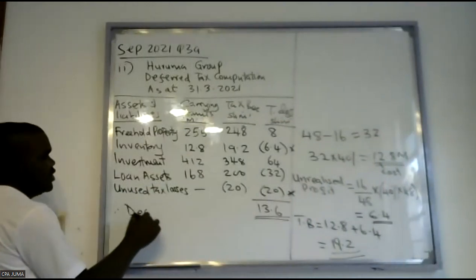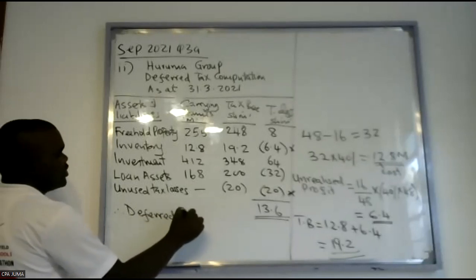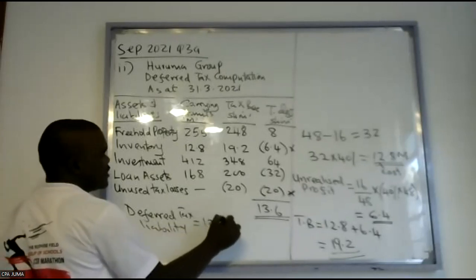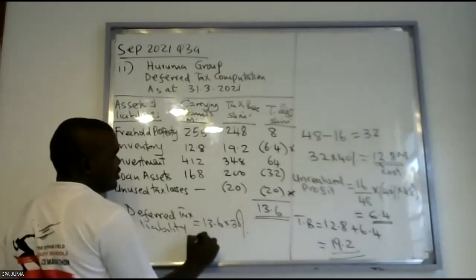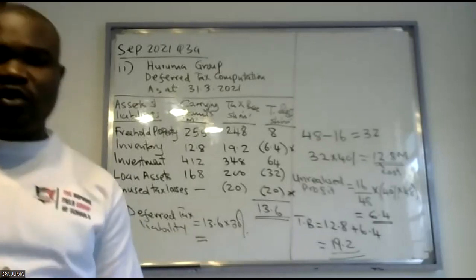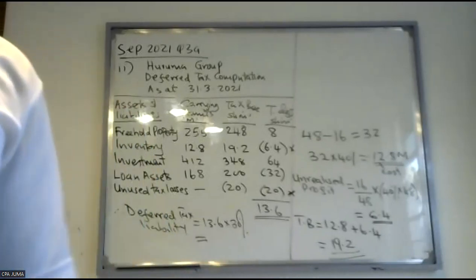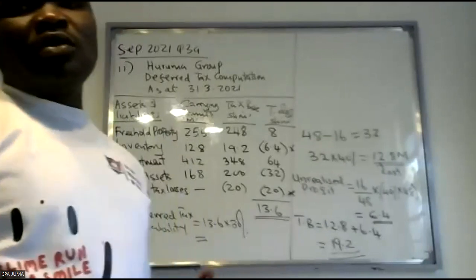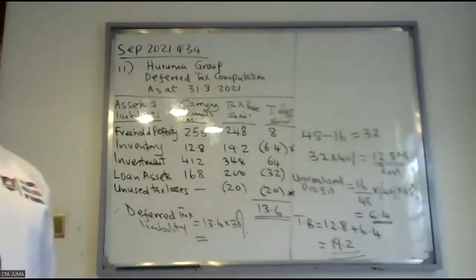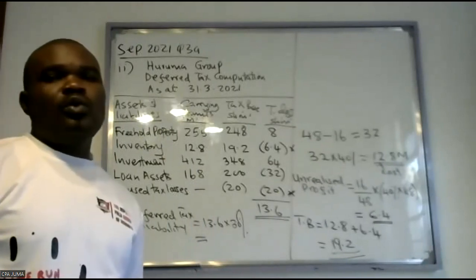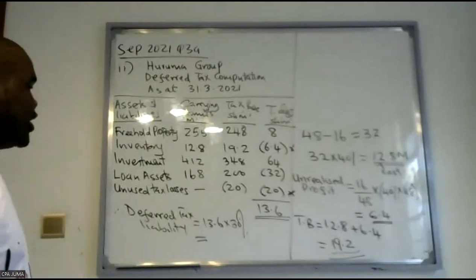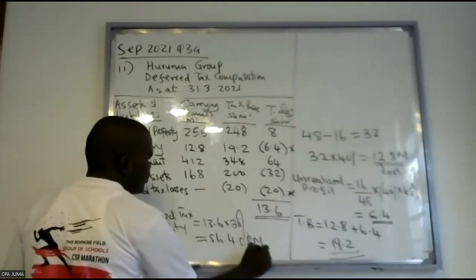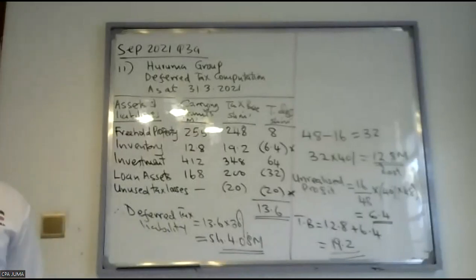So the deferred tax liability is equal to 13.6 times 30%, giving us deferred tax of how much? 30% of 13 should be 4 point something. 4.08. That is the deferred tax liability.